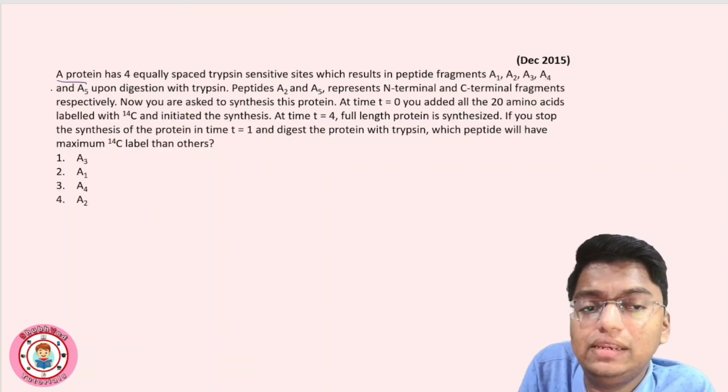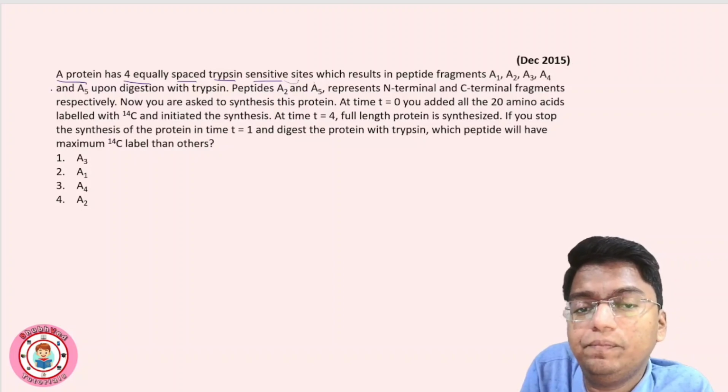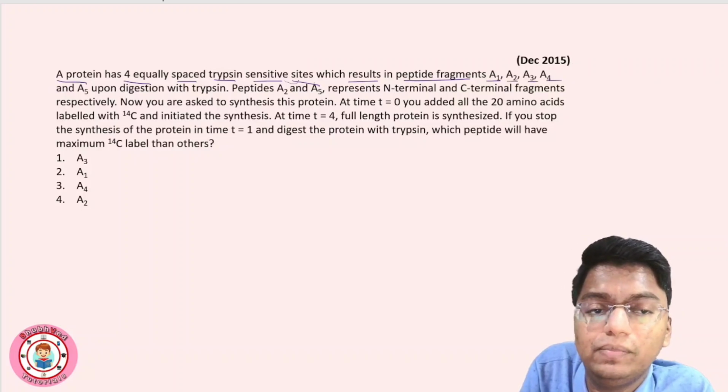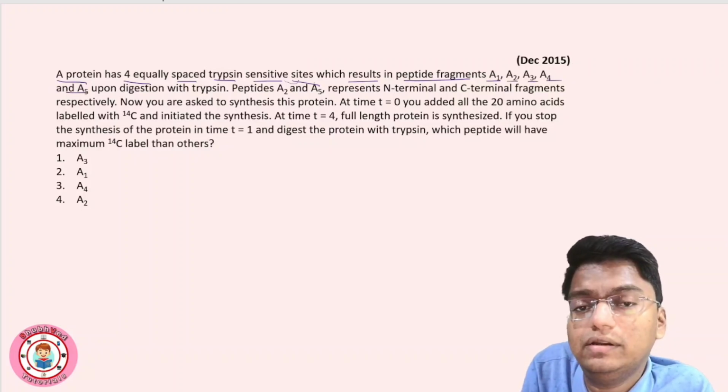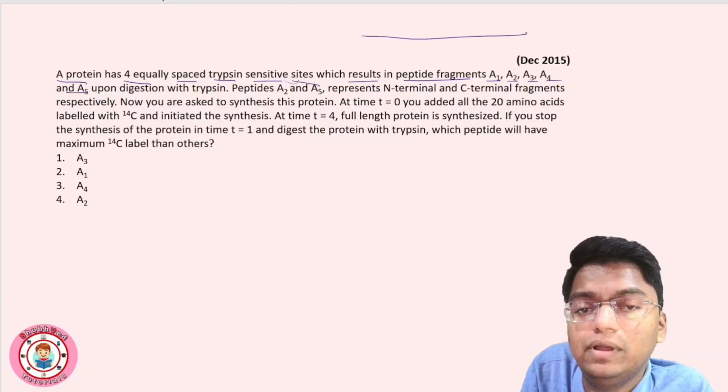A protein has 4 equally spaced trypsin sensitive sites. Okay, trypsin sensitive sites हैं equally spaced, which results in peptide fragments A1, A2, A3, A4 and A5, right? Means what? Suppose I draw a protein here, में 4 trypsin sites हैं, right?